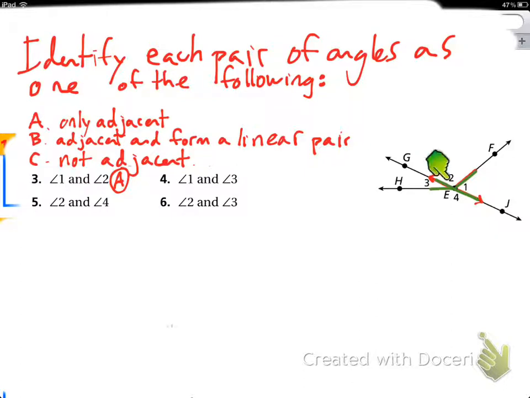The only thing that these two angles, angle 3 and angle 1, have in common is the vertex E. They do not share a common side. The two sides that make this angle are not either of the sides that make this angle. And that's what you need to be adjacent. And it's also necessary for linear pair. So this is going to be just not adjacent.